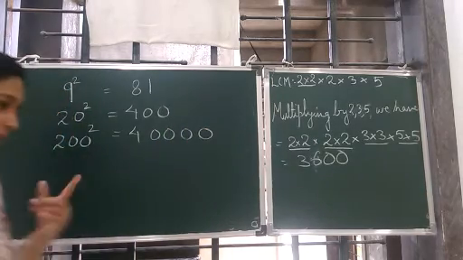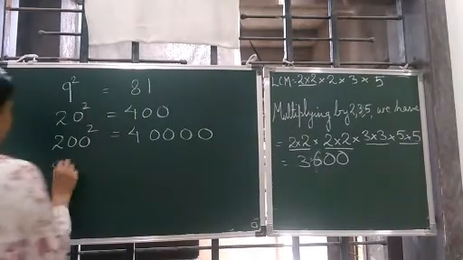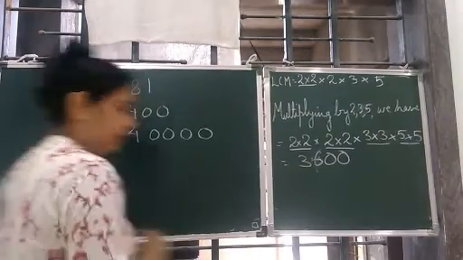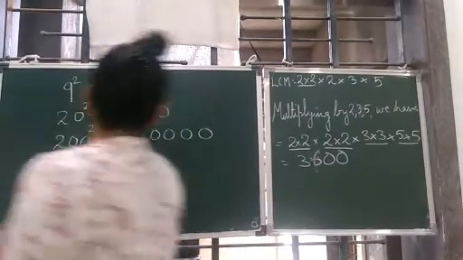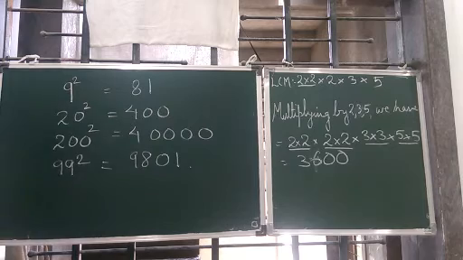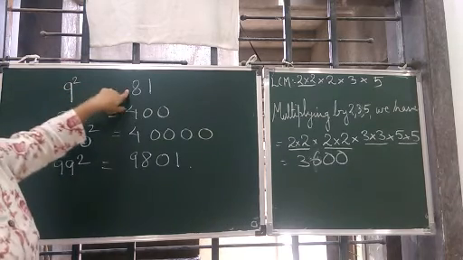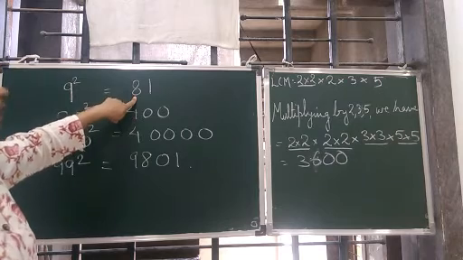Okay, let me take one example from the book also. The square of 99 will give us 9801.